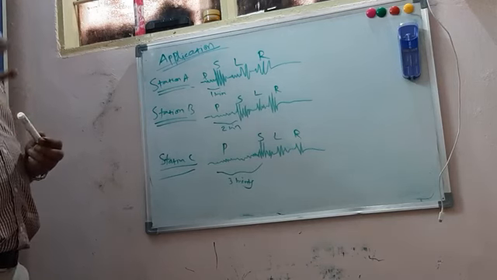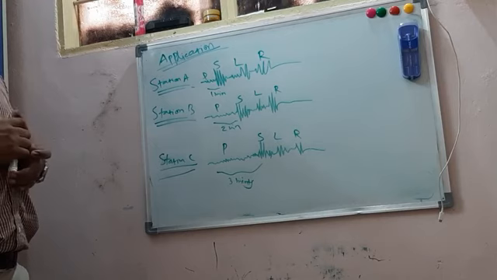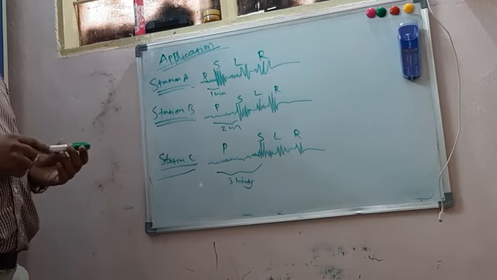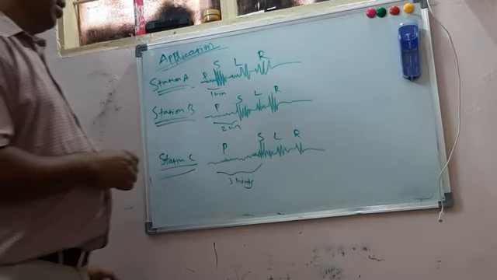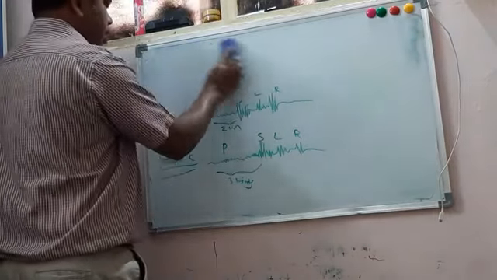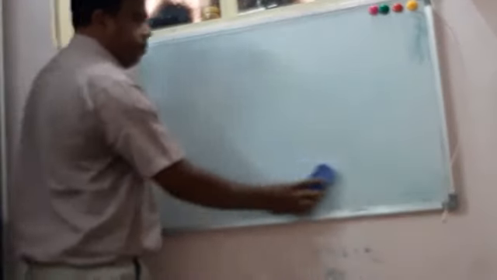Now we will see how to interpret these data and how to identify the location of the epicenter from where the waves are emerging. There is a graph between distance in kilometers and time taken.